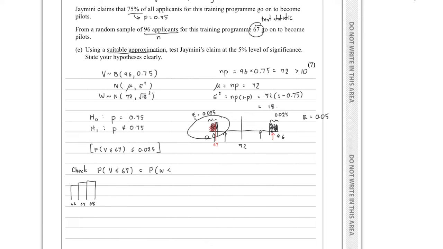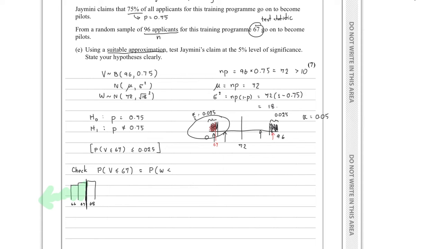In discrete distribution, you can see that this whole bar represents 67 and this whole bar represents 66. So the area or the probability that we have to find is the probability of less than or equals 67. That means we have to include this area, this one, and so on. So everything starts from this line. But in continuous random variable, this line is not called 67 because it is the line in between 67 and 68.